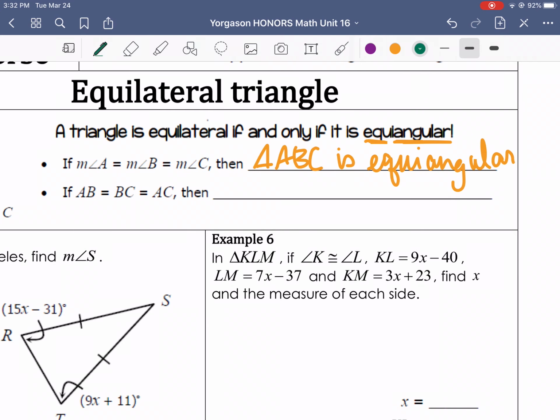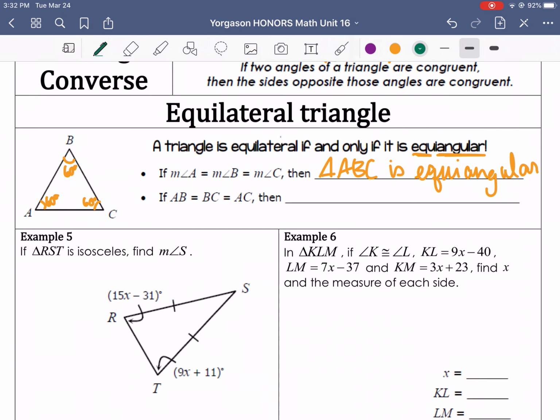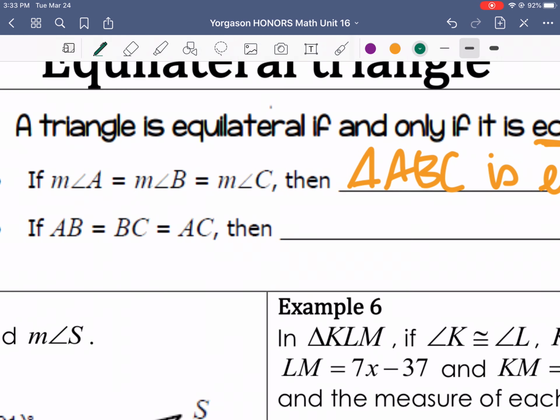Okay, and if the side lengths, if AB is equal to BC is equal to AC, if all the sides are the same length, then it's equilateral. Equi is the same, lateral meaning sides. Okay, so equilateral.